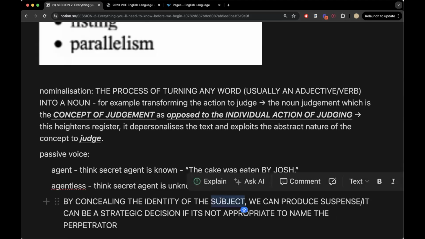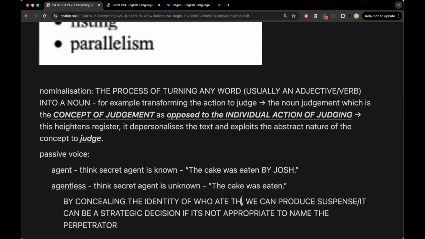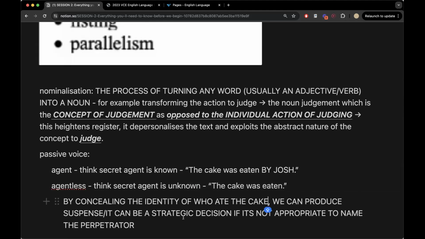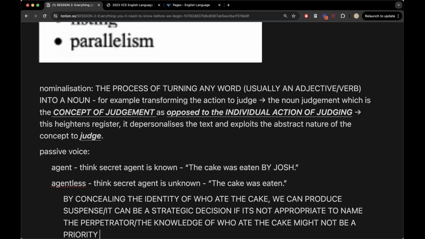By concealing the identity of who ate the cake, we can produce suspense. It can be a strategic decision if it's not appropriate to name the perpetrator, or rather, the knowledge of who ate the cake might just not be a priority, and thus a waste of attention and energy.